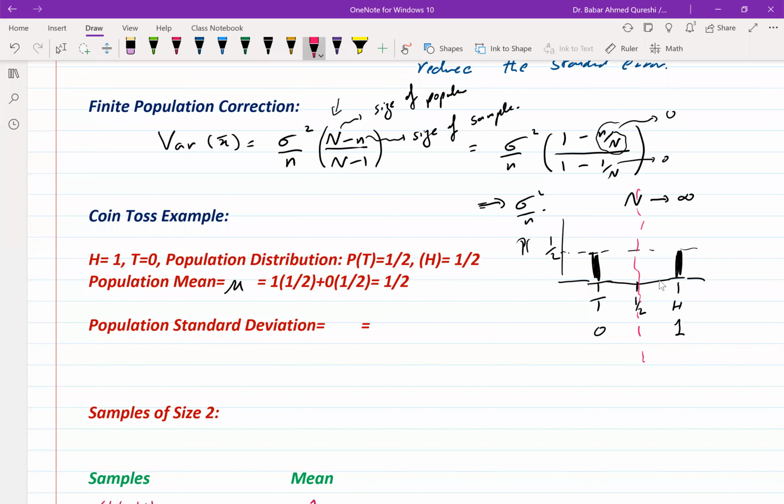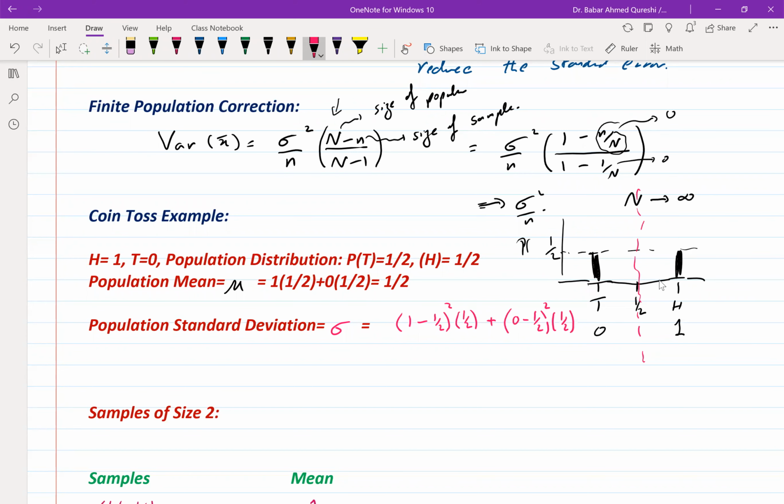And you want to see what is the population standard deviation, sigma. So you have the first value minus the mean, squared, multiplied by the probability of this happening, plus the second value minus the mean, squared, and the probability of this happening.